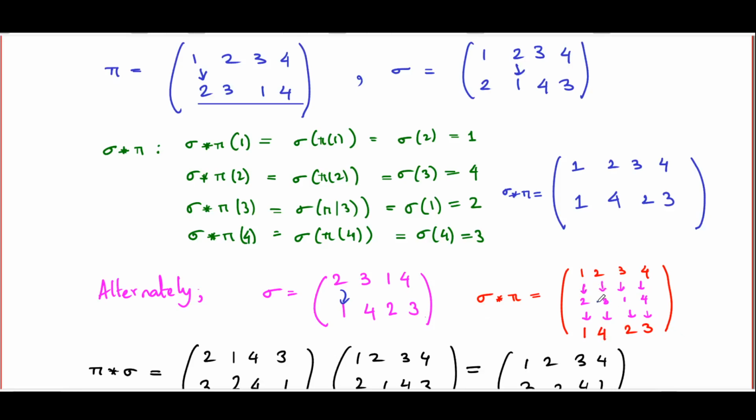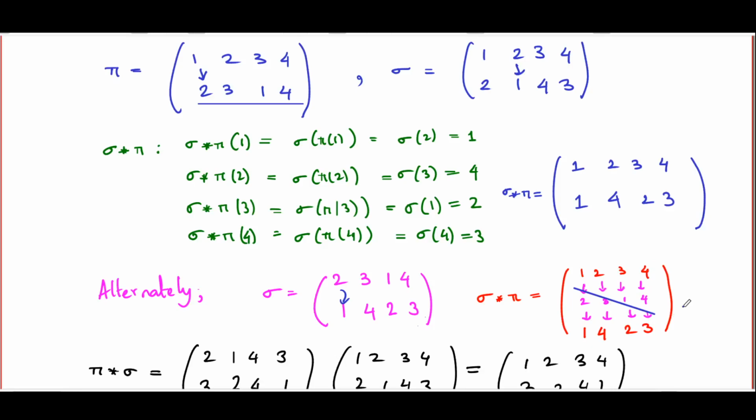So basically, after you readjust the order of the top row in sigma, 1, 2, 3, 4 is changed to 2, 3, 1, 4 and write sigma accordingly, then writing down sigma star pi is trivial. All you have to do is take 1, 2, 3, 4, the top row of pi, and 1, 4, 2, 3, the bottom row of this ordered way of writing sigma, and that's it. So you can just forget about this intermediate step and you get 1, 2, 3, 4 maps onto 1, 4, 2, 3.